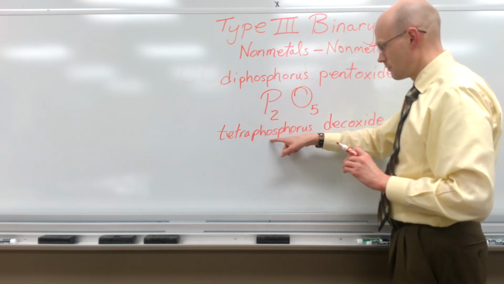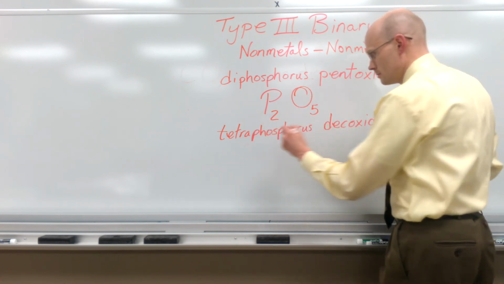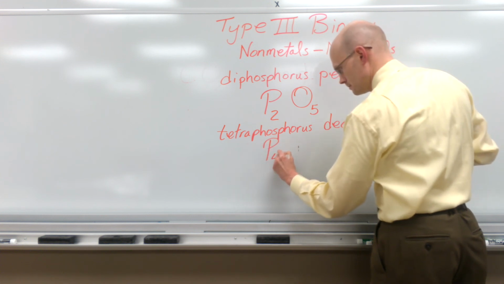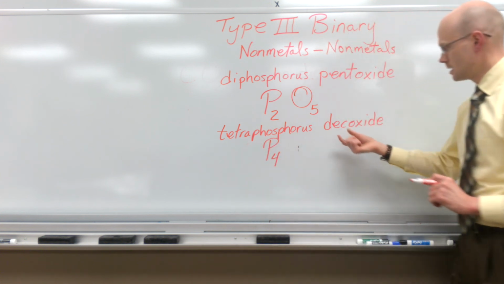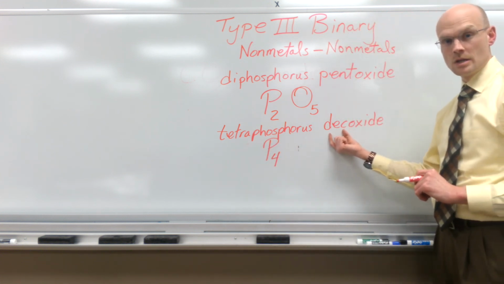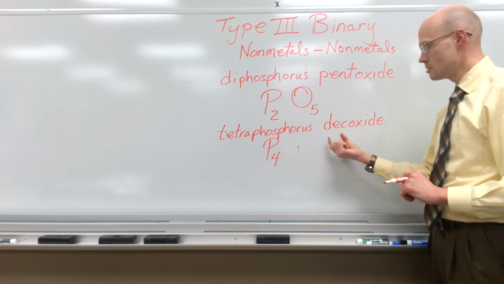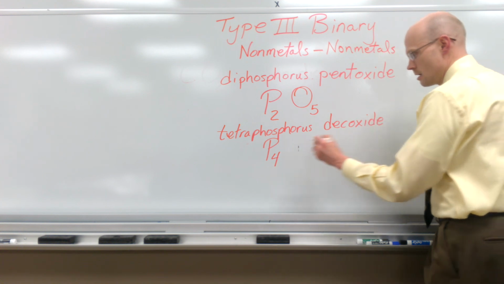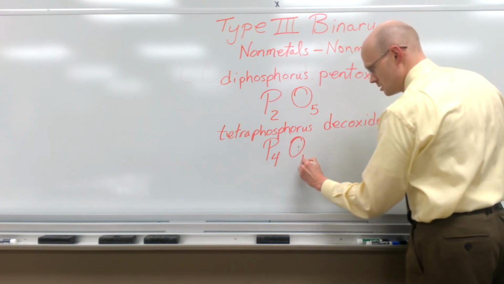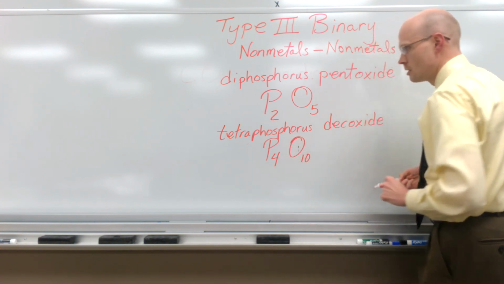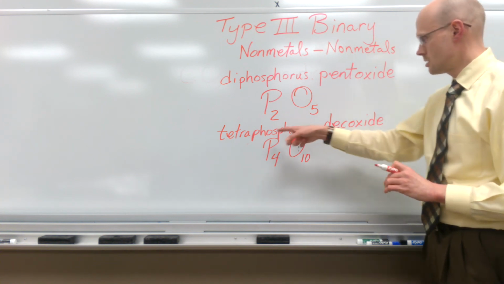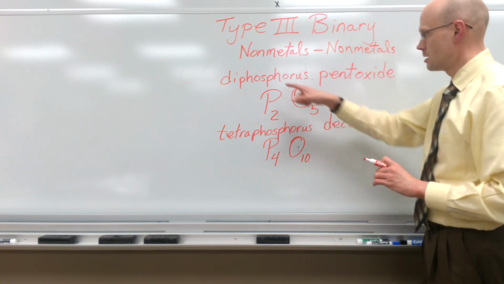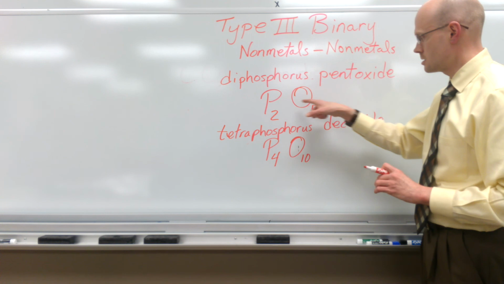So we have phosphorus, 4, P4, deca, much like a decade, 10 years, deca, 10, dec. So oxide, oxygen, P4O10, tetraphosphorus decoxide, diphosphorous pentoxide.